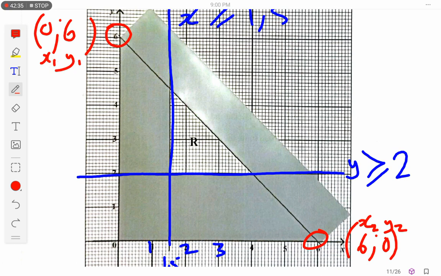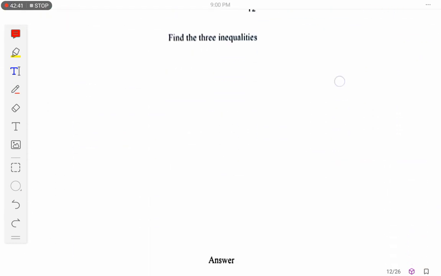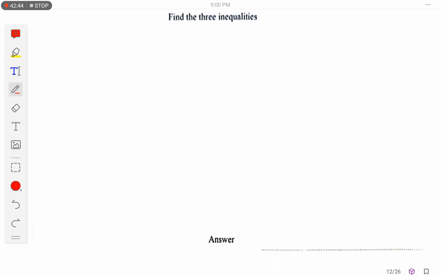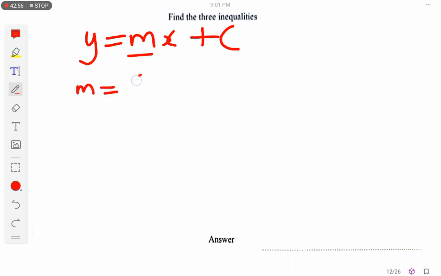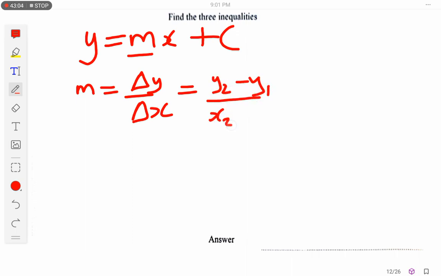To find the equation of a line, guys, you find the gradient. We have a standard form, which is y equals mx plus c. So our m is our gradient. So our m is equal to change in y over change in x, which is y2 minus y1 over x2 minus x1.